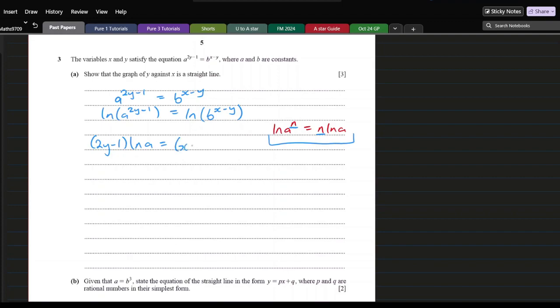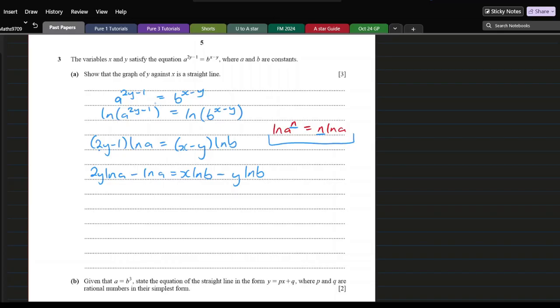So that's x minus y ln b. Okay, and then let's expand our brackets. So 2y ln a, minus 1 times ln a, so minus ln a is equal to x ln b, minus y times ln b, minus y ln b.